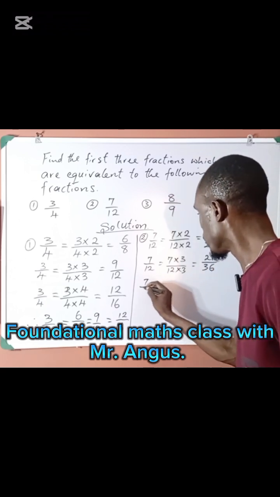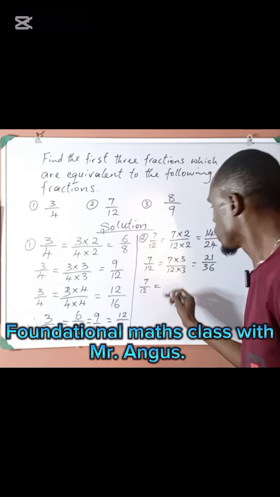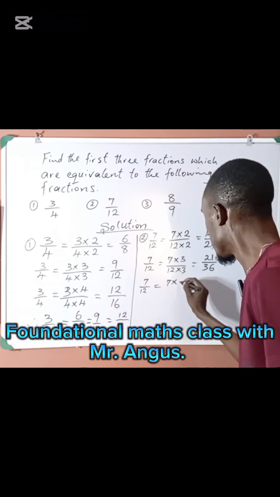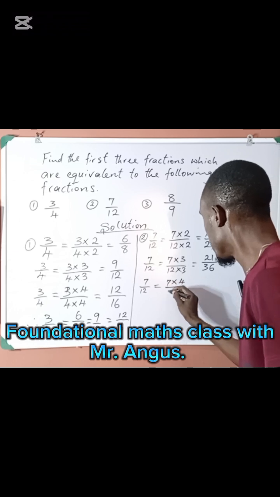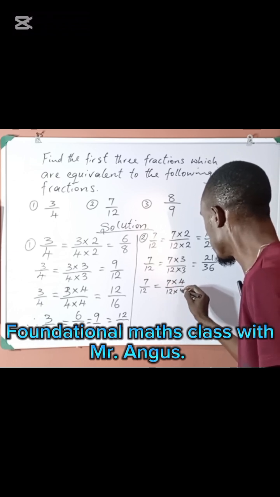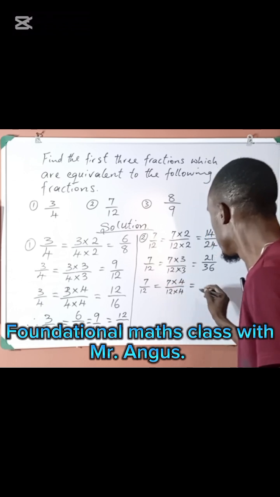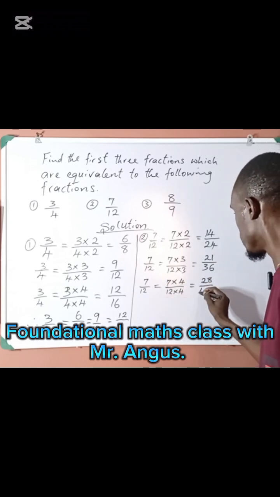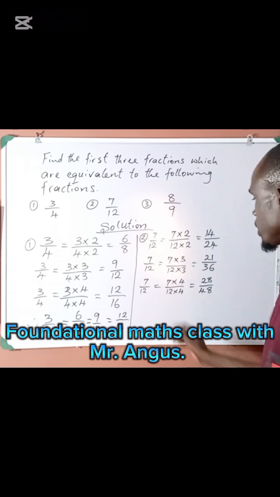The same 7 over 12 again, we multiply it by 4. 7 times 4 all over 12 times 4. 4 times 7 is 28 all over 4 times 12 is 48.